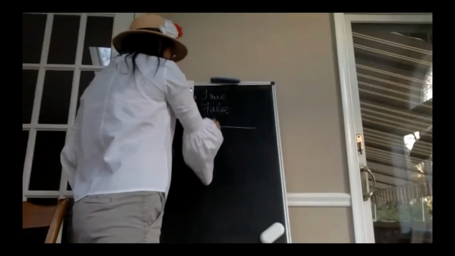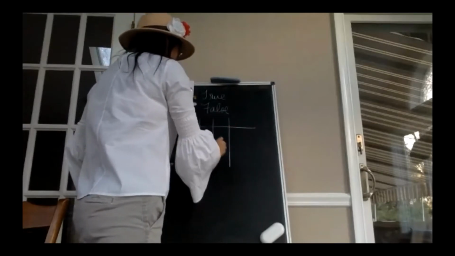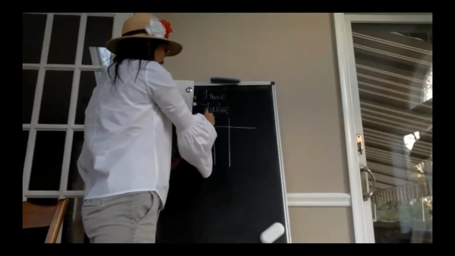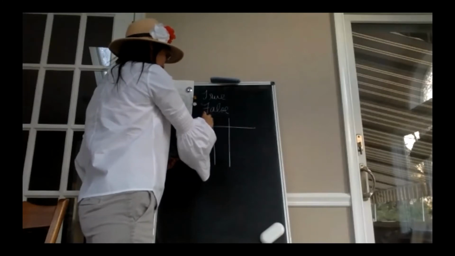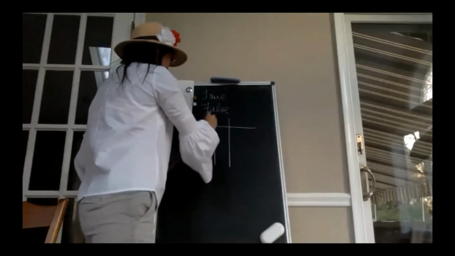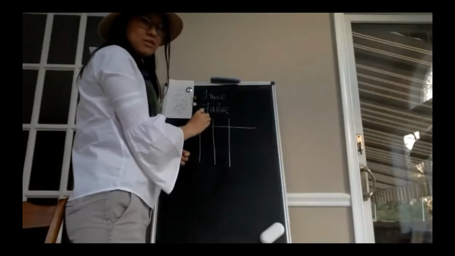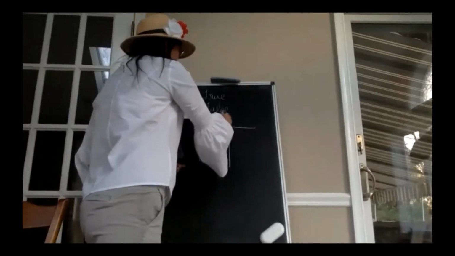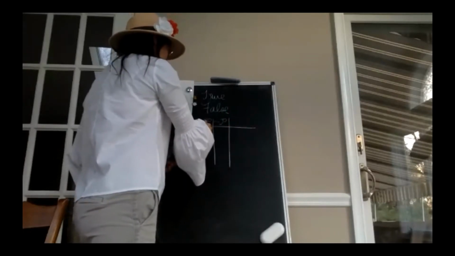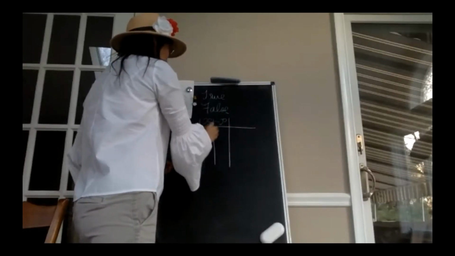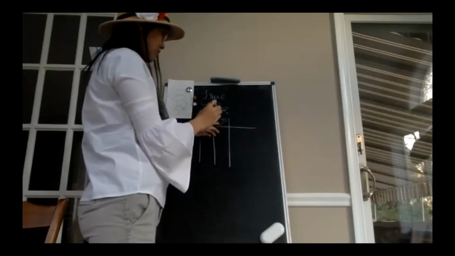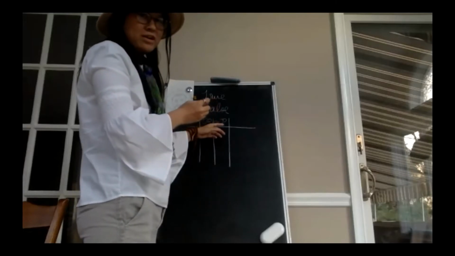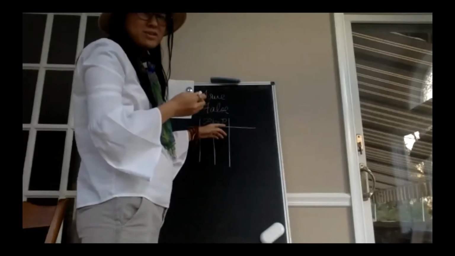If we have one truth value and call it P, and we want to find not P, if we have true here, the not takes only 1 truth value, unlike the other ones.